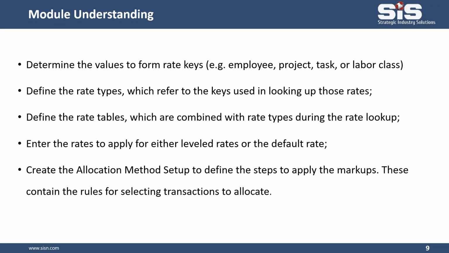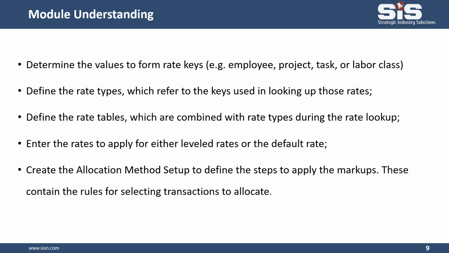So if it comes to one level and doesn't find it, it goes down to the next level until it finds the correct combination. And the rates are applied at what are called the leveled rates, or you could have just a default rate.